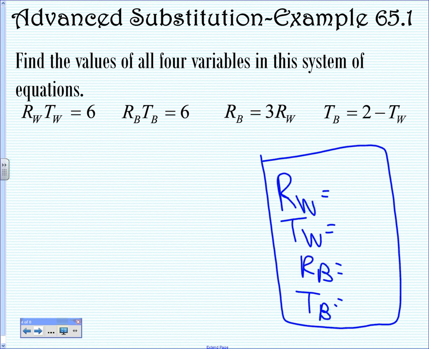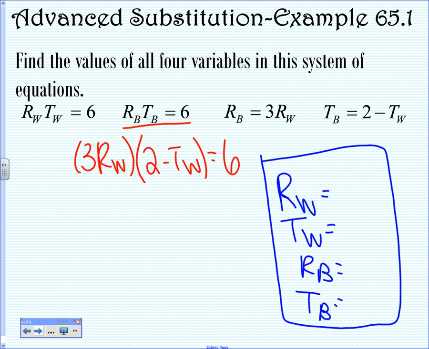In the second equation, I can say 3 RW times 2 minus PW. Y'all see how that works? You substitute that equation. You can plug it into TB, and you have 2 minus PW.